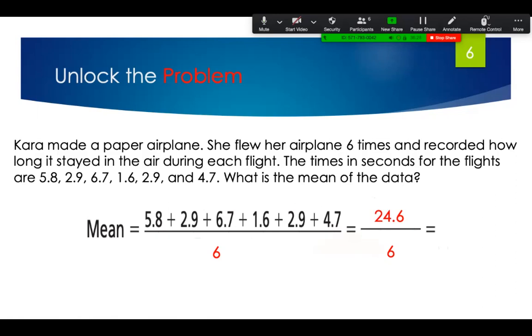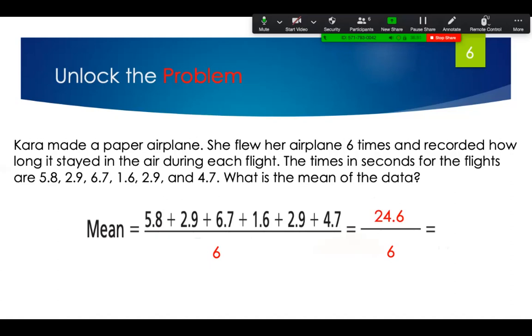Let him think of it. Ahmad, 6 times what gives you 24? Khalid, would you help out? 4, bravo. So 24 divided by 6 is 4.